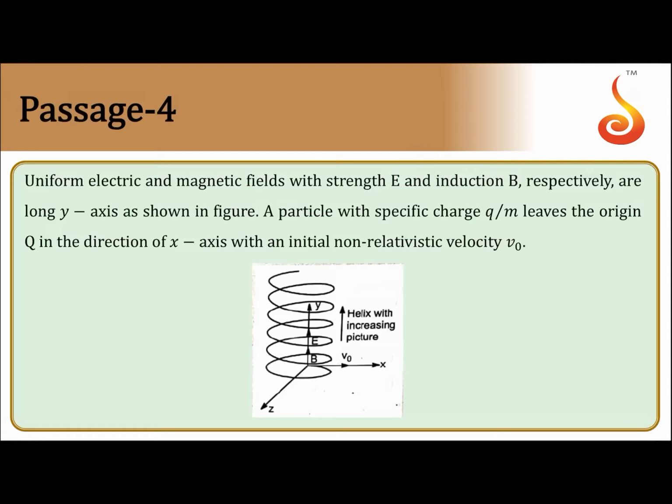So obviously the path of the particle is a helix of non-uniform pitch, because there is an electric field along the y axis, along the magnetic field axis, which will accelerate and change the speed of the velocity component in the direction of B. So the pitch of the helix cannot be uniform.